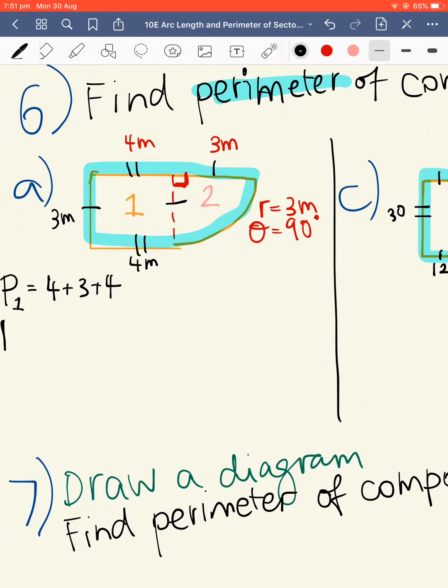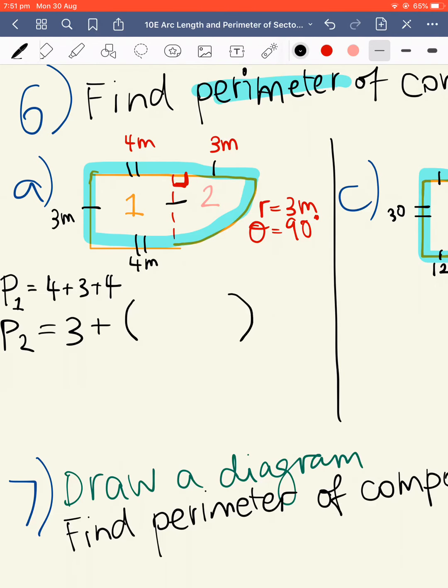Now I can add it in. For my second shape, I have to find the arc length, and I'm also going to add in this line here, which is the radius. So far I've got 3, and then I need to find my arc length.